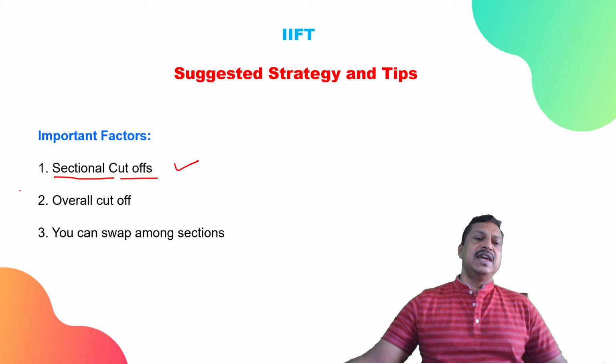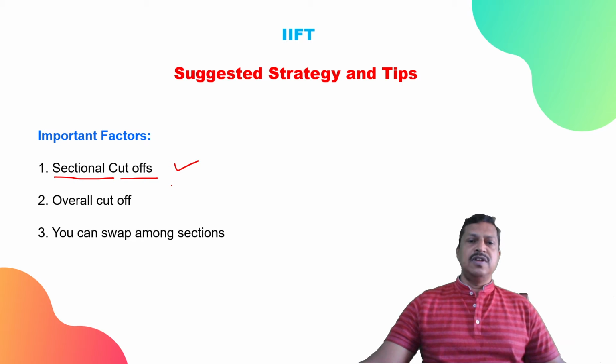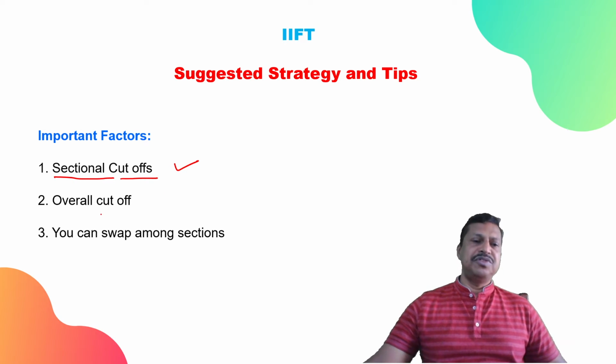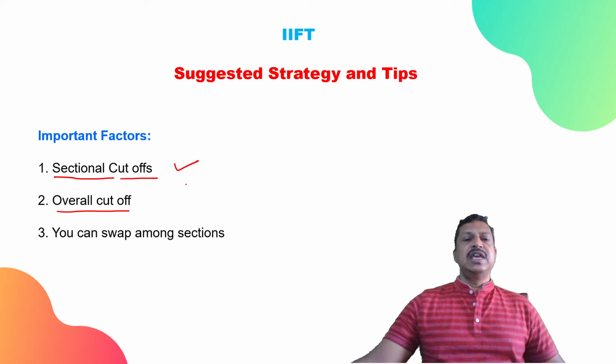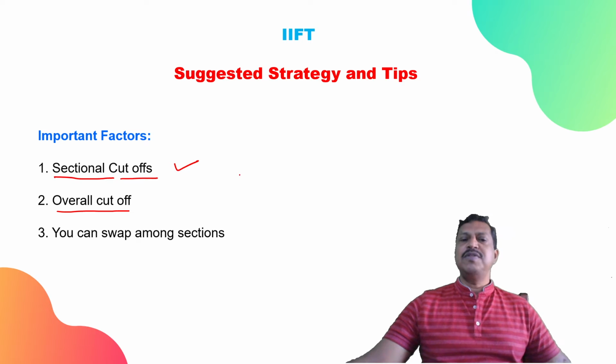But please remember, only clearing the sectional cutoff will not help you to fetch the call, right? What you need to do is look at the overall cutoff also, because if you add up the sectional cutoffs, it will be very low with respect to the overall cutoff. Okay. Now this is a very crucial one.